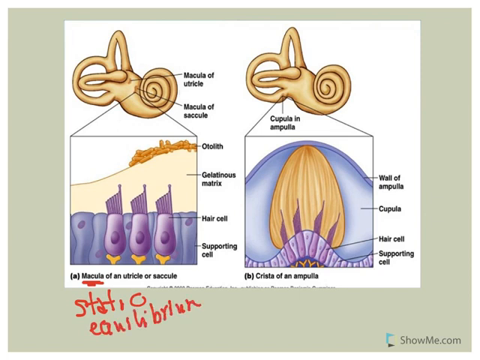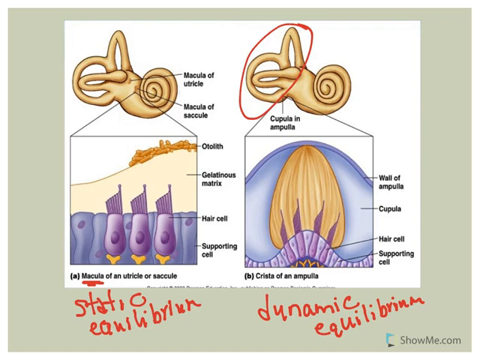You have your crista ampullaris, which is involved in dynamic equilibrium. Those were found in the semicircular canals within the ampulla. So here's your semicircular canals here. So remember, this is the vestibule, and these are your semicircular canals.